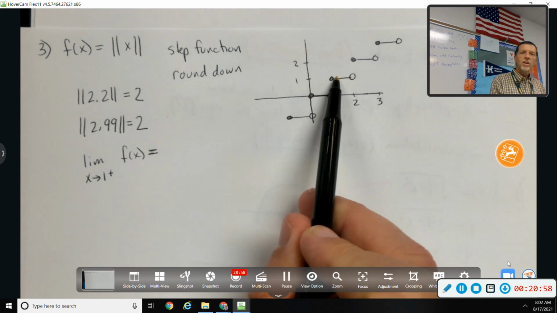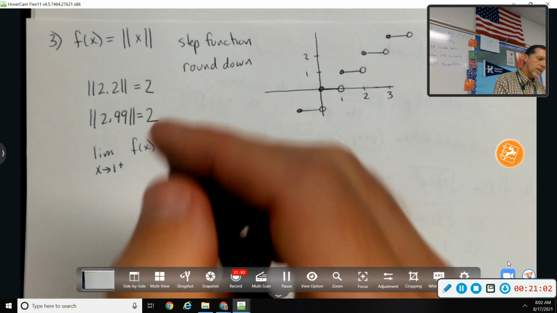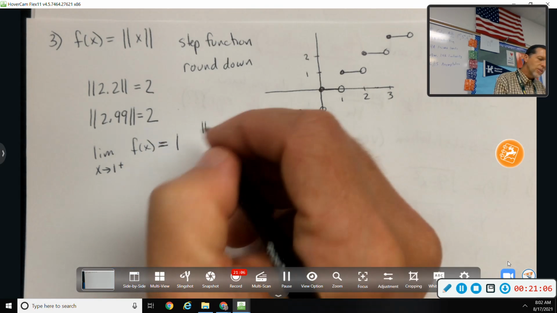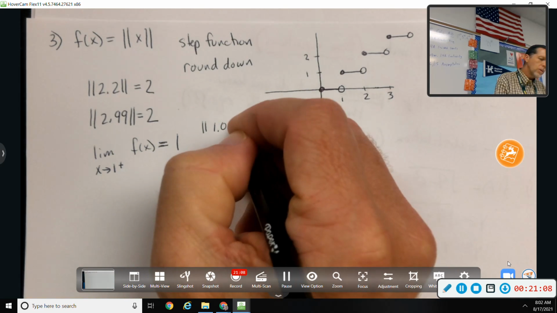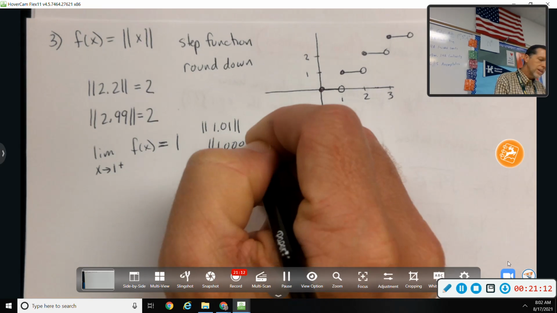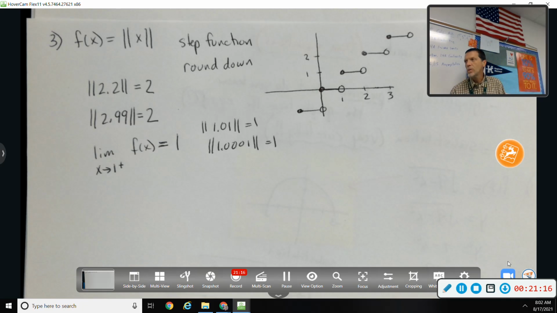It'll be 1. A way to check that would be to plug in things that are a little bit bigger than 1. So 1.01, 1.00001. All of those equal 1. You just round down to 1.